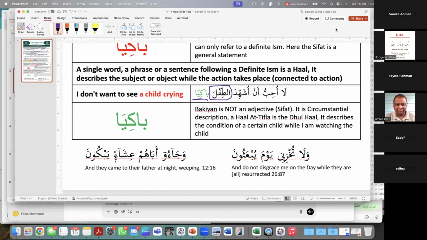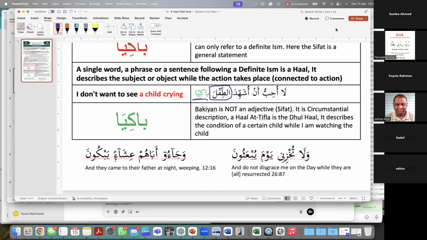No rule is complete without an exception. If there is no exception under special circumstances, that is not a rule, that is not a law. It is a general statement. So every rule will have some exception.